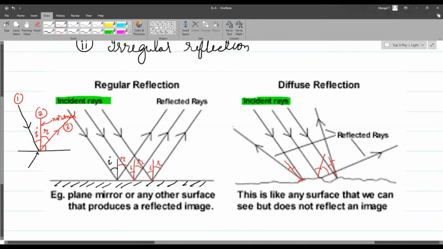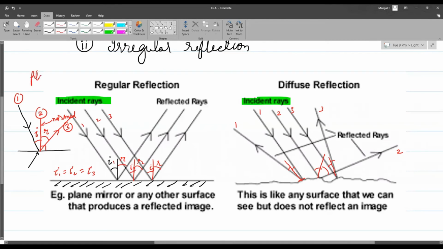That's why you can have one ray going like this. So this is 1, 1, this is 2, 2, and this is 3 and 3. This is called an irregular reflection or a diffuse reflection. In a regular reflection, these are all parallel rays, 1, 2, and 3, and they are hitting the same surface. Therefore, each one, i1, i2, i3, will be equal.